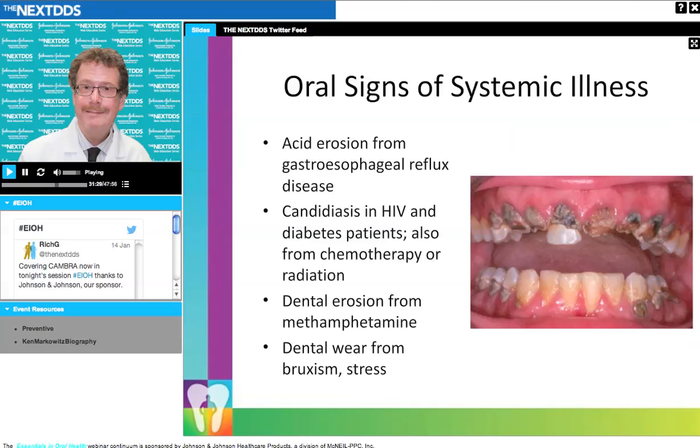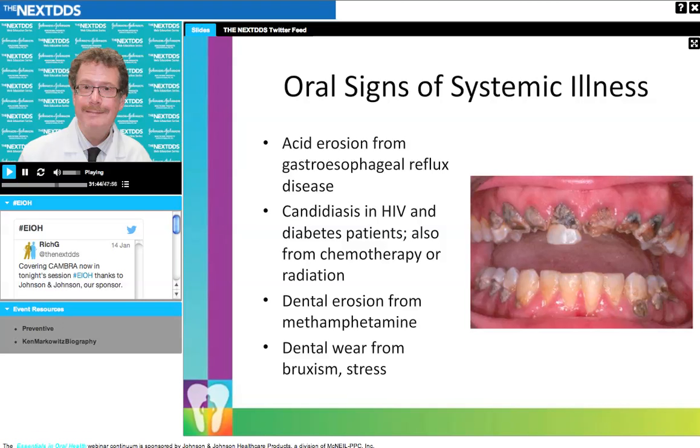So all of the good things that saliva does is taken away, and the teeth are susceptible to extremely serious caries. So people who are having radiation treatment, they're the ones that really need our help.